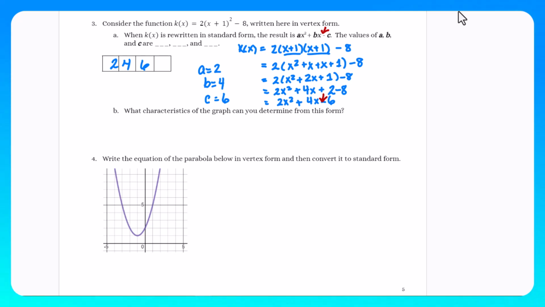It asks us, what characteristics of the graph can you determine from this form? Well, in this standard form, we can determine the concavity by looking at A. And from that, we can determine if it has a max or a min.